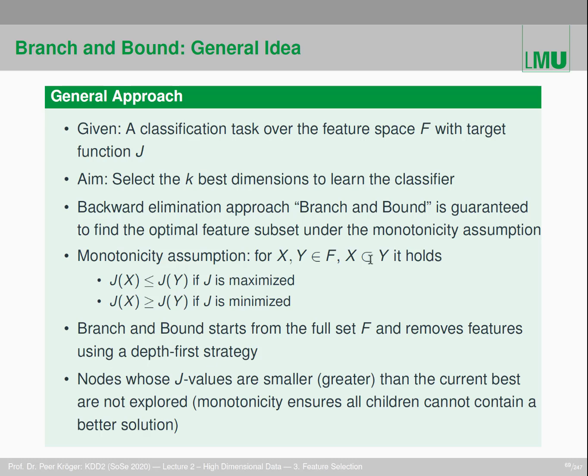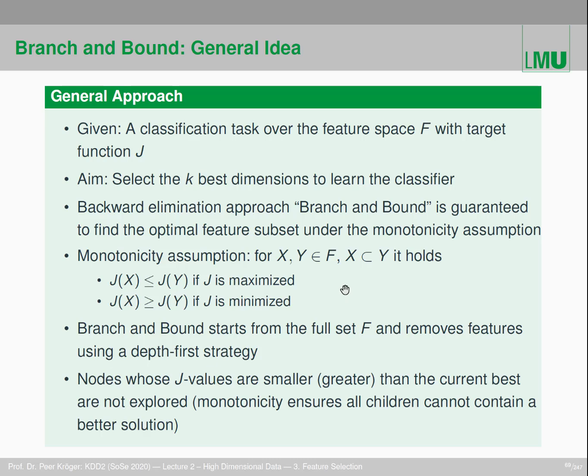The other way around, if you have something which is already bad, adding another feature to X, so if X is already bad or worse than another one, adding a new feature, pumping up the feature space, pumping up X, will not make J better. So J at best remains the same, but will probably decrease.